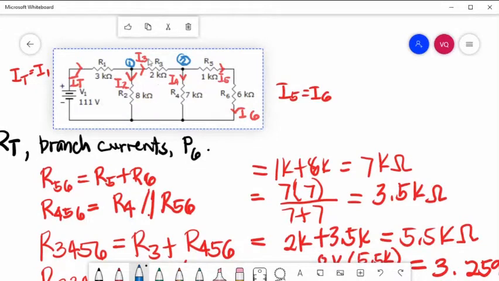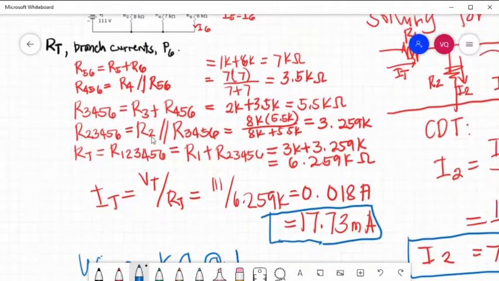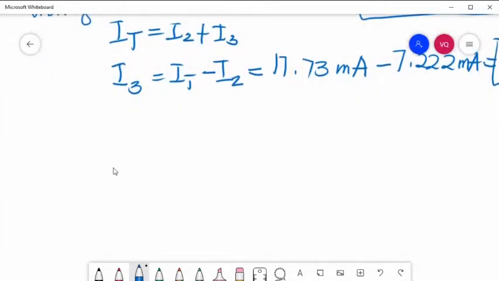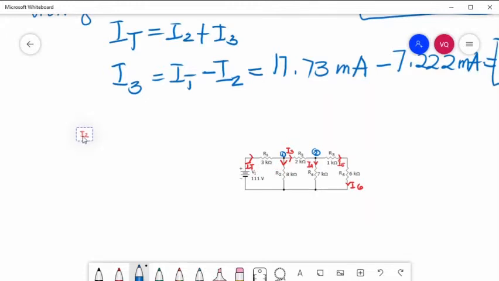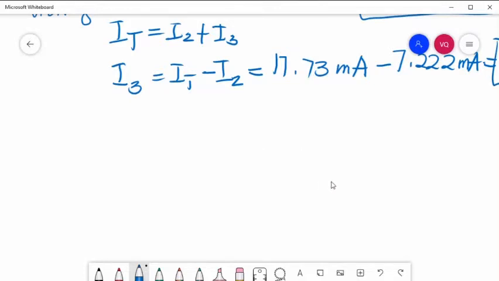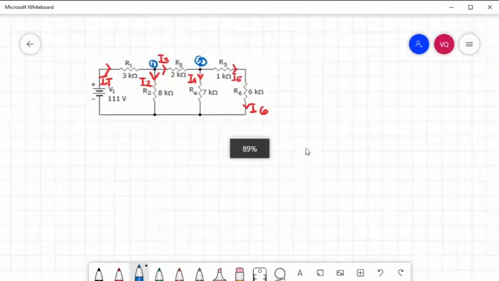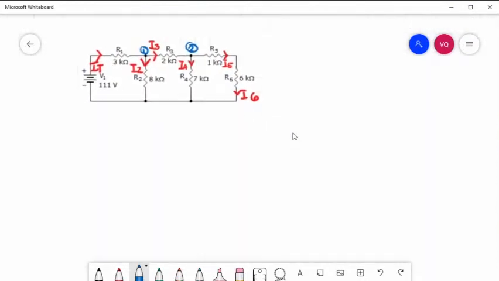So, i-copy ko na lang dito sa baba. So, I4 using CDT. Redraw muna natin.